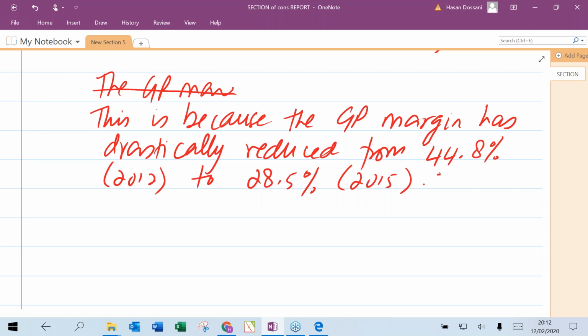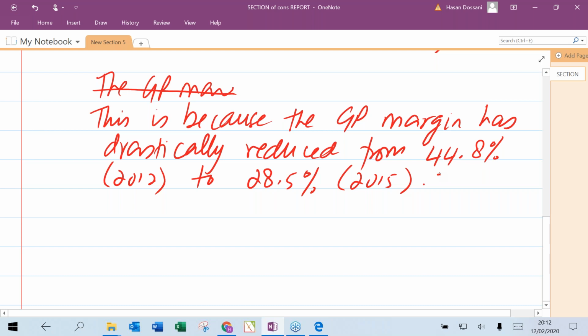And what is the most common reason for GP margins to fall? Yasin gave a very good point. He says, can we say that the cost of sales have risen due to the minimum wage levels and newly introduced contribution obligation? Yes, it is possible.